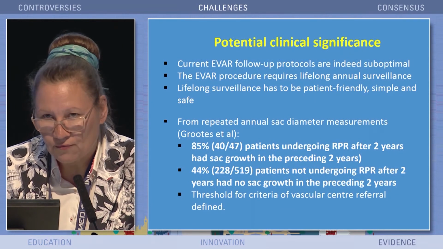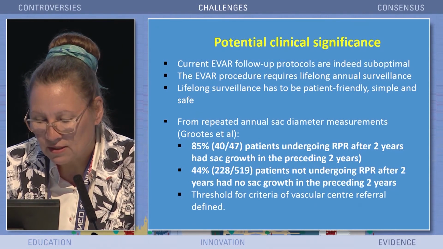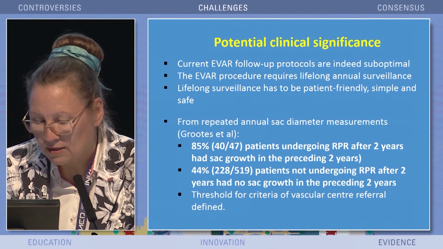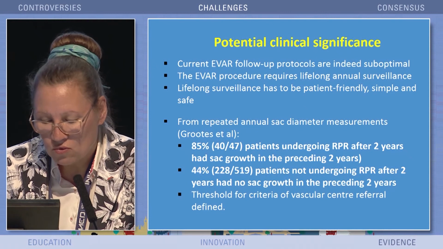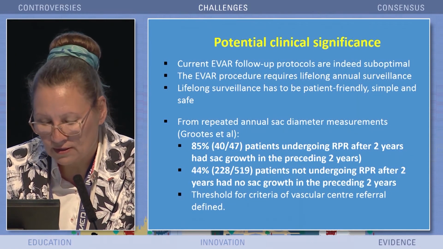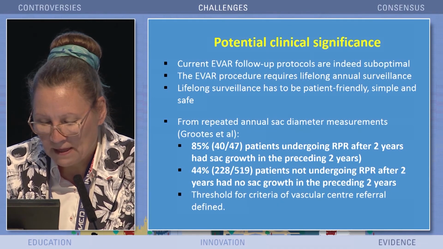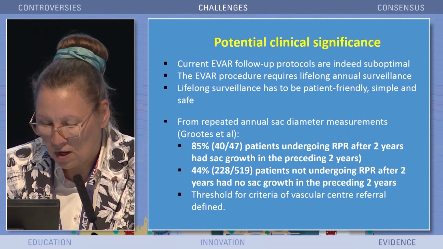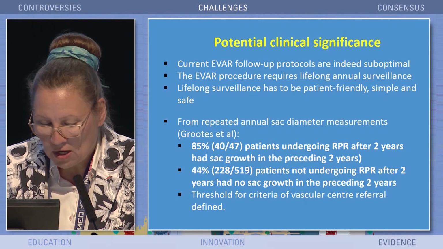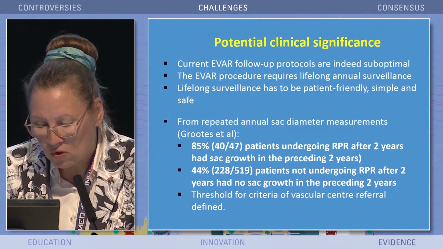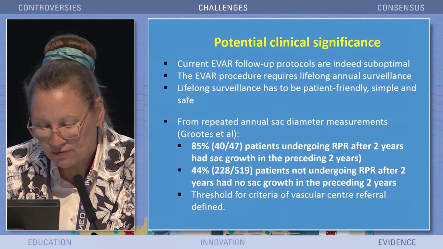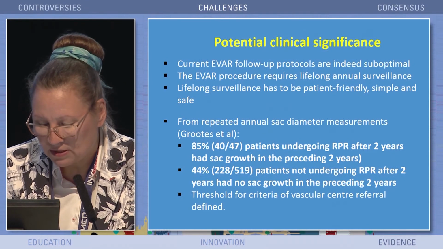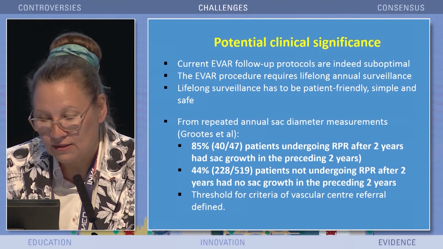Also, we found that 44% of patients that did not undergo rupture-preventing intervention or had secondary sac rupture had no sac growth in the preceding 2 years. So it seems that we are able to find the patients who are at risk of future adverse events by following the sac diameter. We just have to find the optimal threshold when a patient needs to be sent to a vascular center and CT.